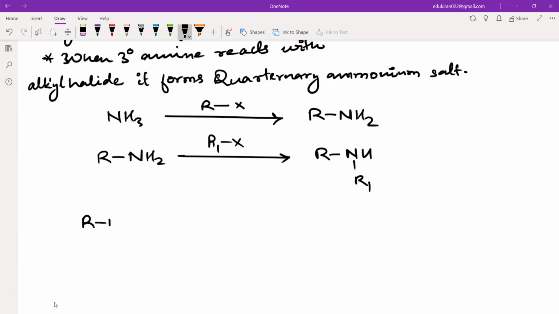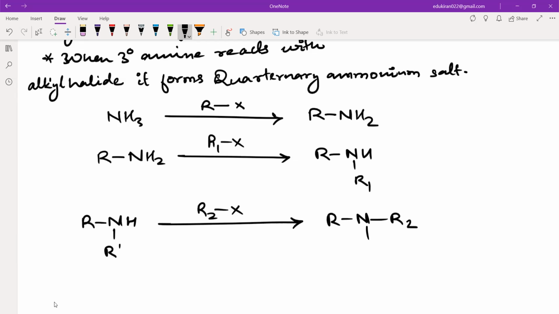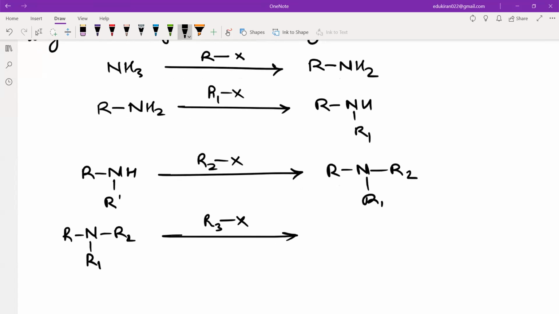Now you react RNHR1 with R2X and you will get RNR2R1. Now if you react RNR2R1 with R3X, then you will get RNR2R1R3 positive, and there will be X negative.